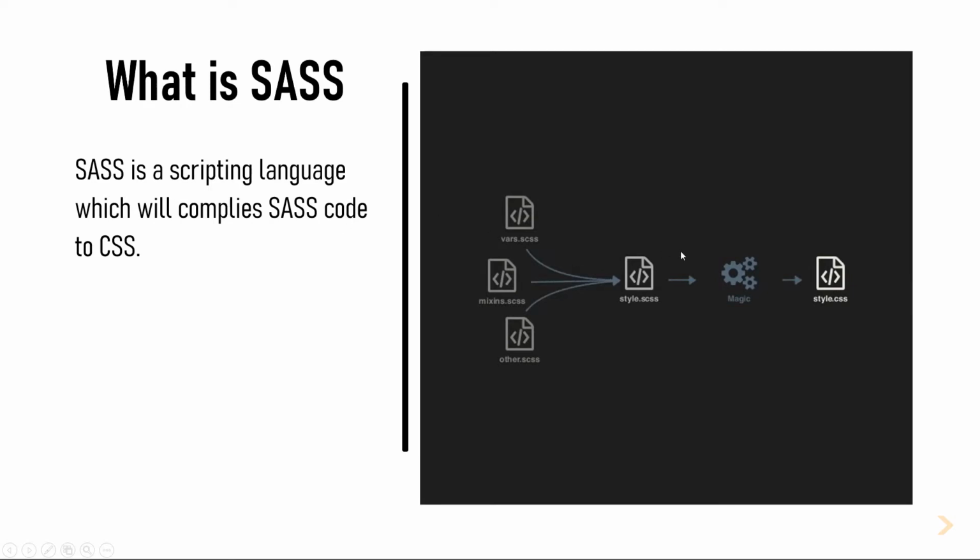So in this image, you can visualize that the SCSS file or the Sass file is sent to the compiler, and the compiler is responsible for compiling the Sass file to a CSS file, which will be used for styling our HTML pages.